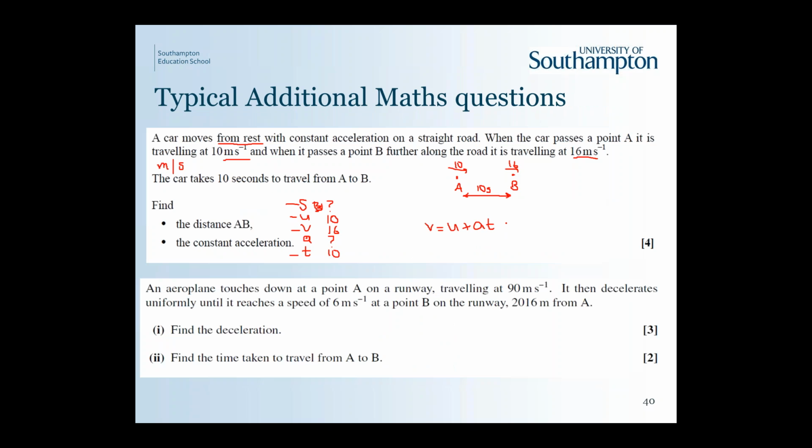So V equals U plus AT. V is 16. 16 is 10 plus 10A. Rearranging, 16 minus 10 is 6, divided by 10.